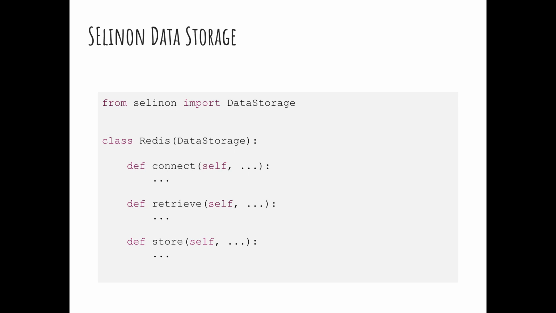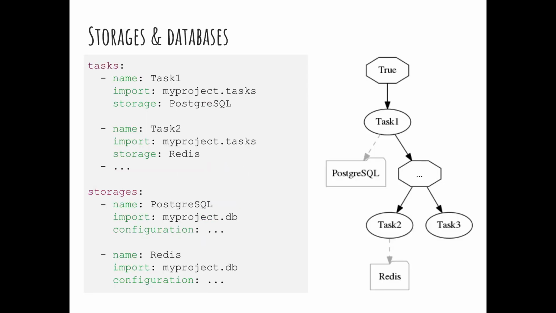To create a data storage adapter, we simply import the DataStorage class, and we derive from it, we implement abstract methods like connect, retrieve, store, and we implement our storage adapter for Redis, and we provide information on how to connect to this database, how to retrieve, and how to store results. So we are the owners of the logic, how we structure data in the database or storage to later support querying and so on. So this is the implementation of a storage or database adapter.